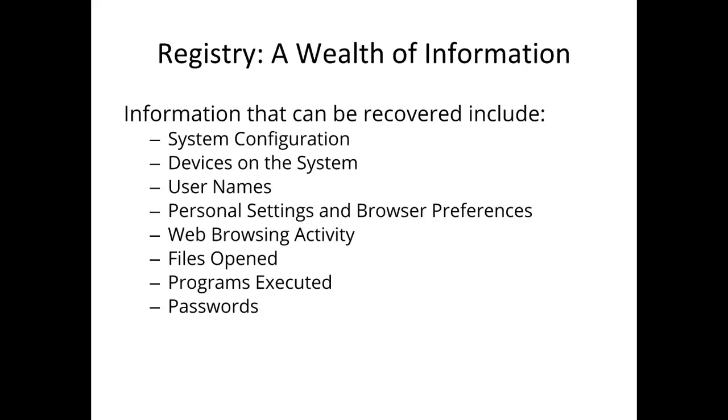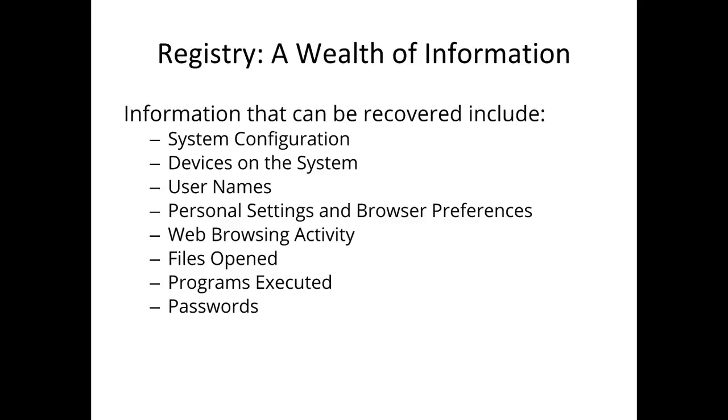Now, that means that our registry gives us lots of information. On the image that you've been given, as you run through the lab for this session, you'll identify that you're able to extract things like the system configuration, what devices are installed on the system, what's been plugged into the system, what users are on the system, what their settings are, what URLs have been visited, so web browsing activity, what's been cached, files that have been opened, and what programs have been executed, because there's also timestamp information on registry data.